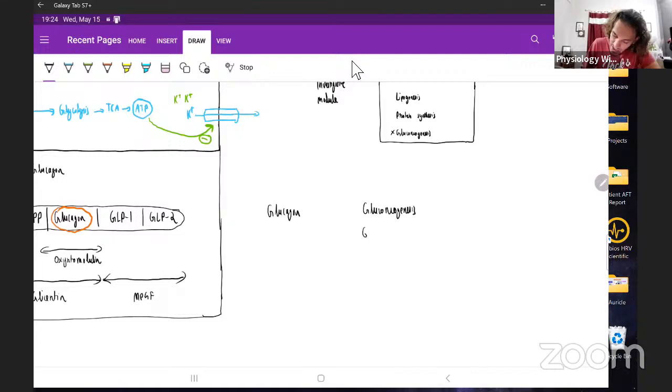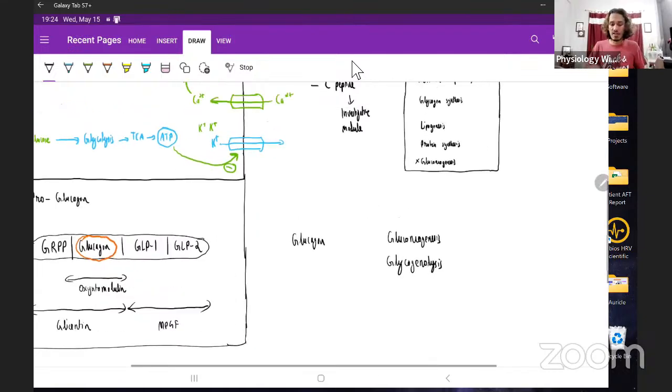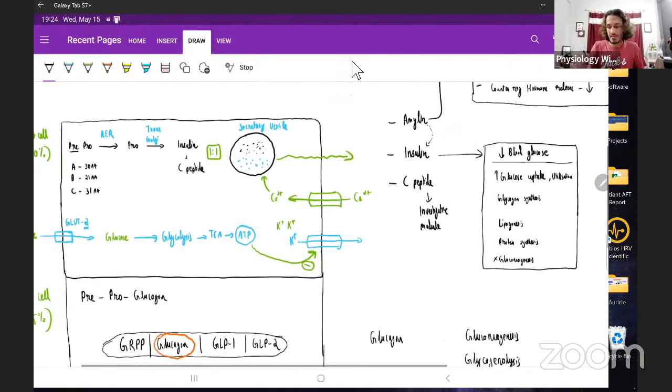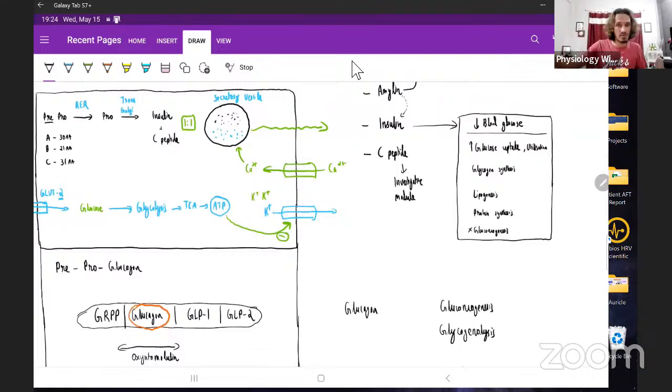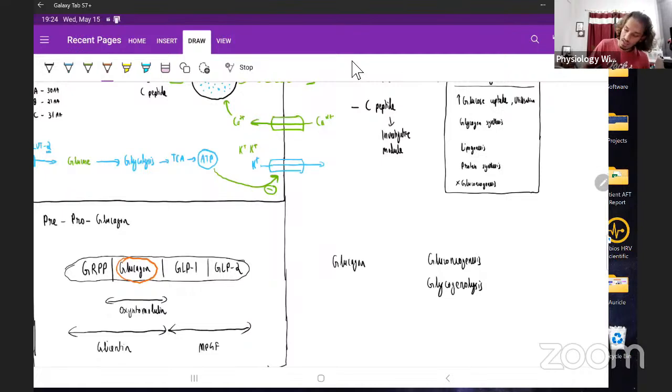And another way it can increase is glycogenolysis. So whatever insulin did to store the excess glucose as glycogen can now be broken down by your glucagon. So these two are the most important functions of your glucagon.